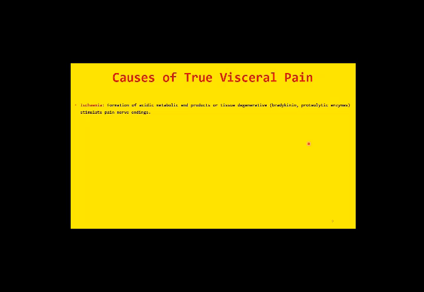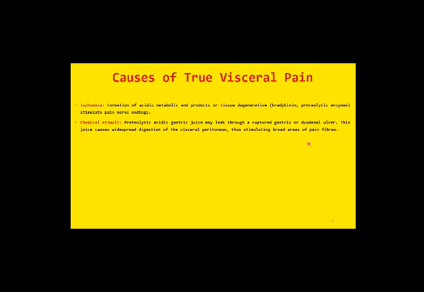The second cause is chemical stimuli. So any chemical stimulus may stimulate the nerve endings of pain. For example, the acidic gastric juice, if it leaks through the rupture of the stomach or the rupture of the duodenum, for example, in peptic ulcer, this will spread all over the gut and this will stimulate the pain fibers.